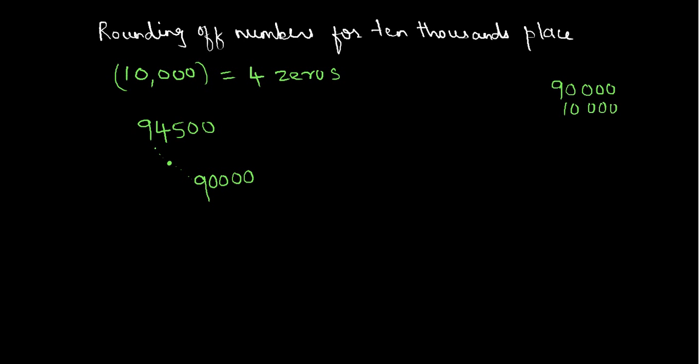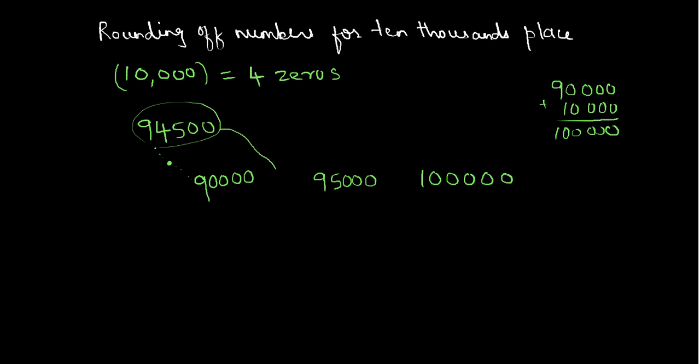It becomes 1 lakh. Okay, what is the number which comes in between? 95,000. Okay, now this one, where does it fit? This fits in this range because it is more than 90,000 and less than 95,000.